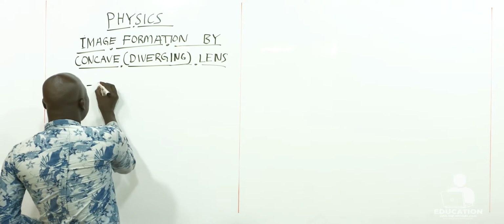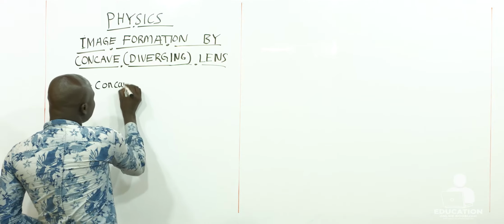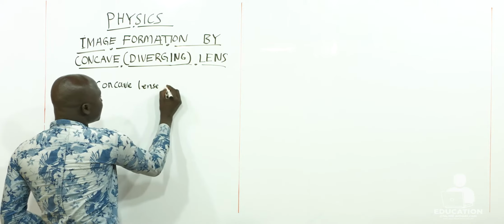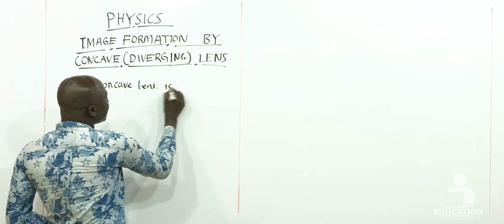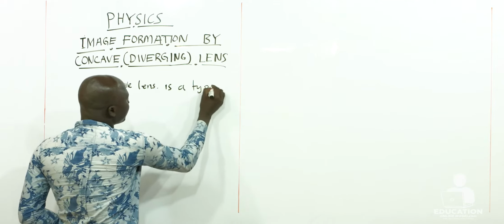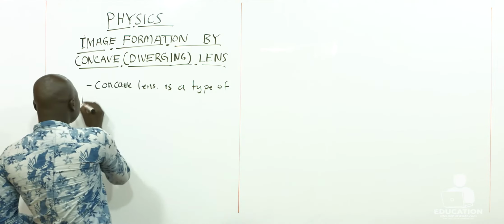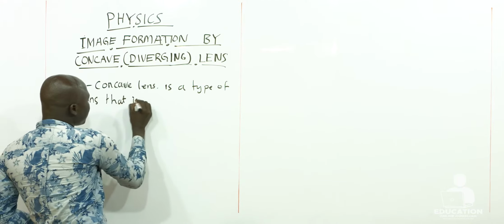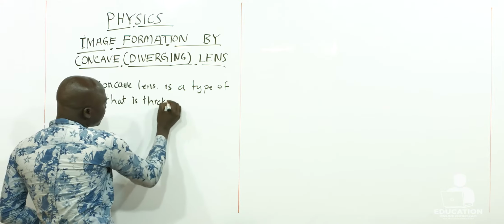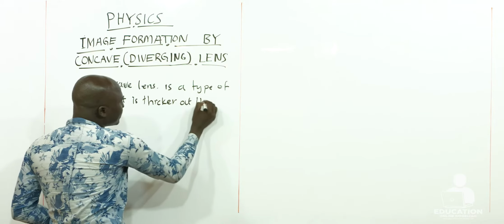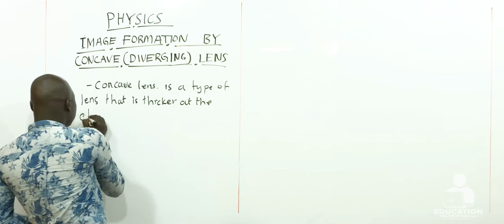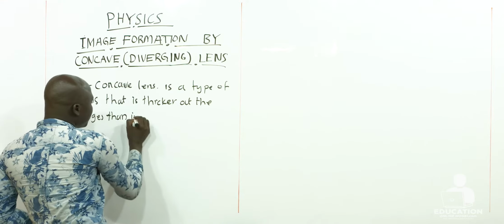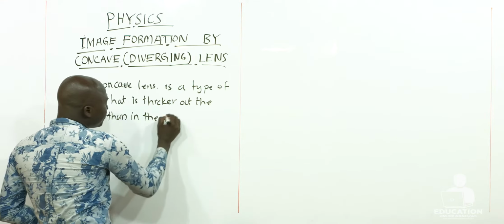So we say a concave lens is a type of lens that is thicker at the edges than in the middle.